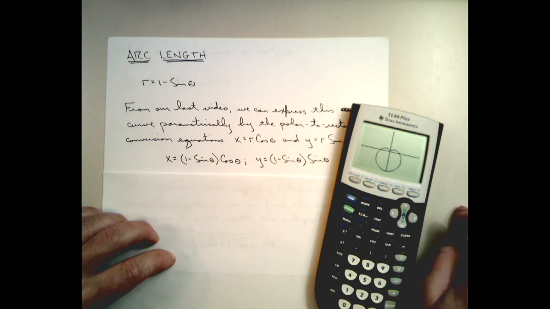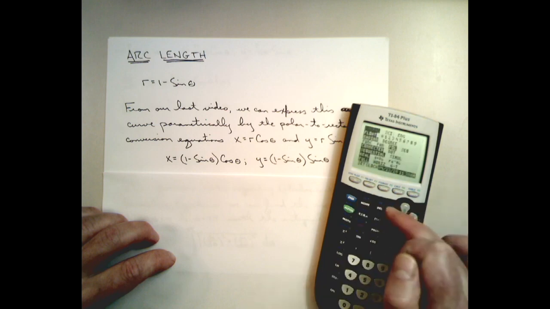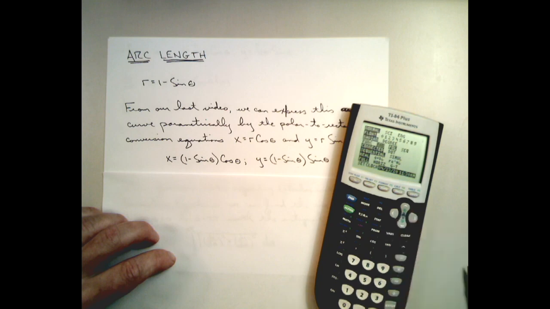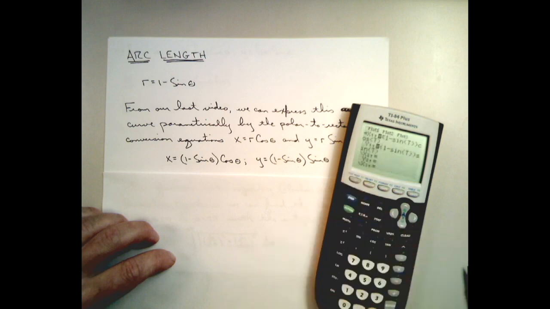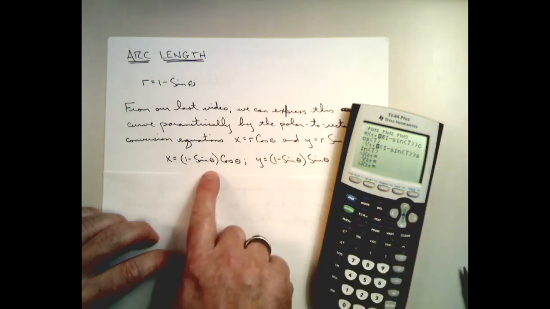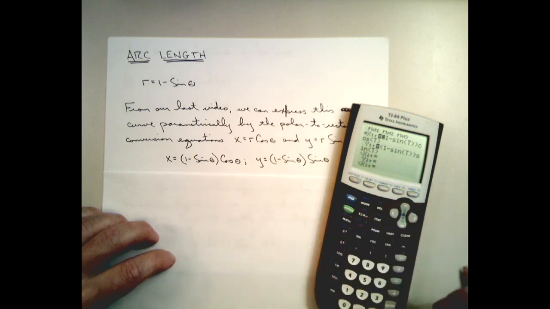And then go ahead and shift the mode to parametric equations. And go to y equals. I already have these typed in to save a little bit of time. So 1 minus sine theta times cosine theta is my x. 1 minus sine theta times sine theta is my y. You see t's here instead of theta.